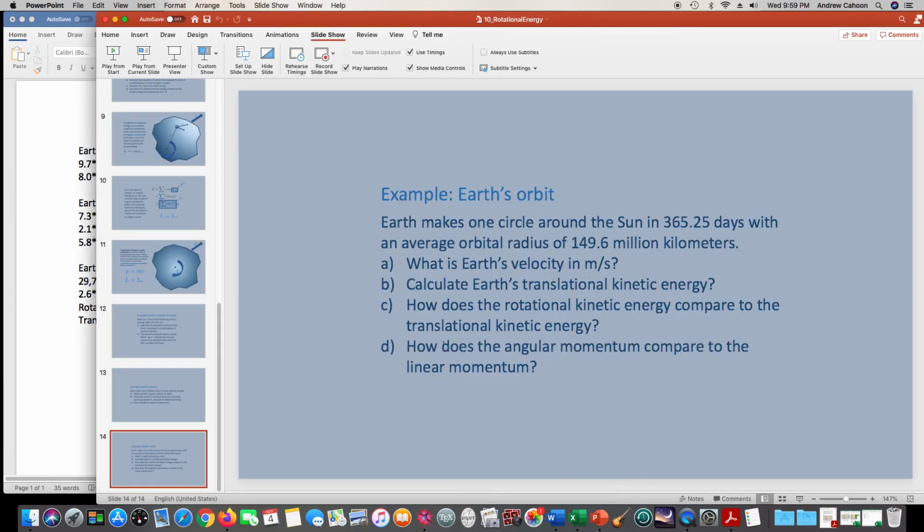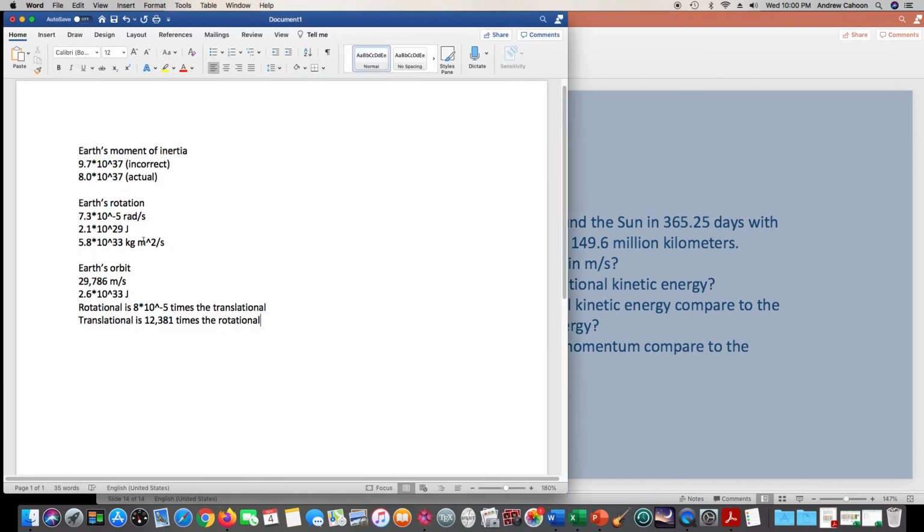Okay. Last part here, how does the angular momentum compare to the linear momentum? So now we need to compare those two, linear momentum and angular momentum. So we have calculated the angular momentum here, and to compare it to the linear momentum, we need to calculate the linear momentum.